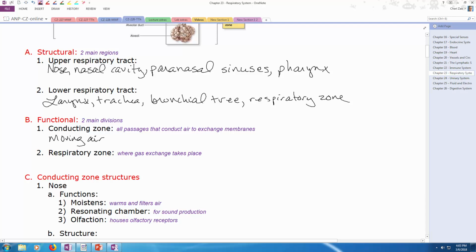So that's nose, pharynx, larynx, trachea, and bronchial tree, minus the respiratory zone where gas exchange actually occurs. And in order to figure out whether or not it is a member of the respiratory zone, as long as there is a single alveolus attached to the structure, it's considered a respiratory zone.